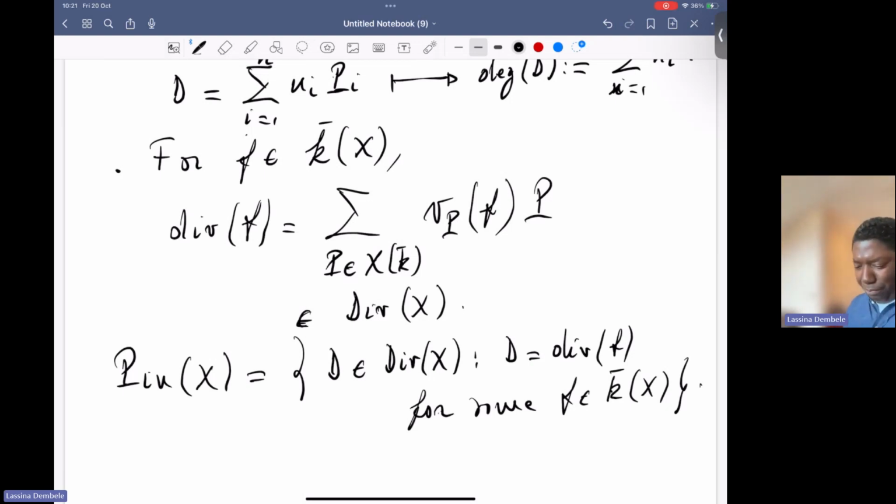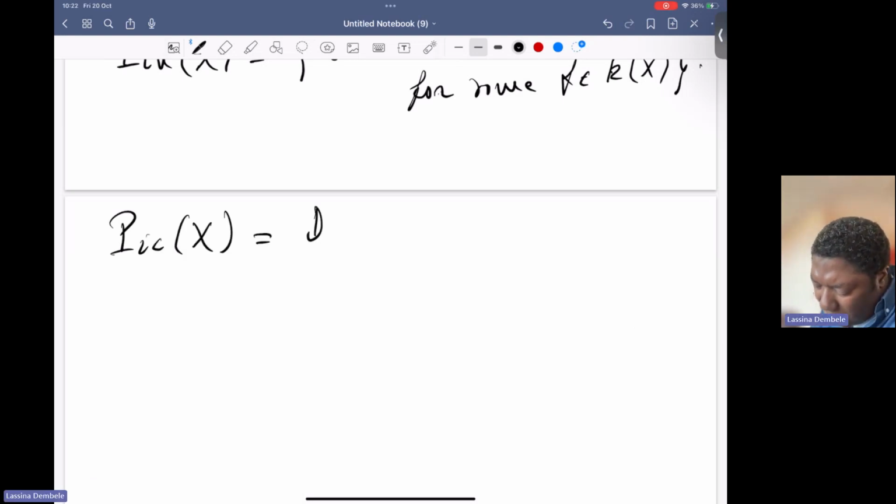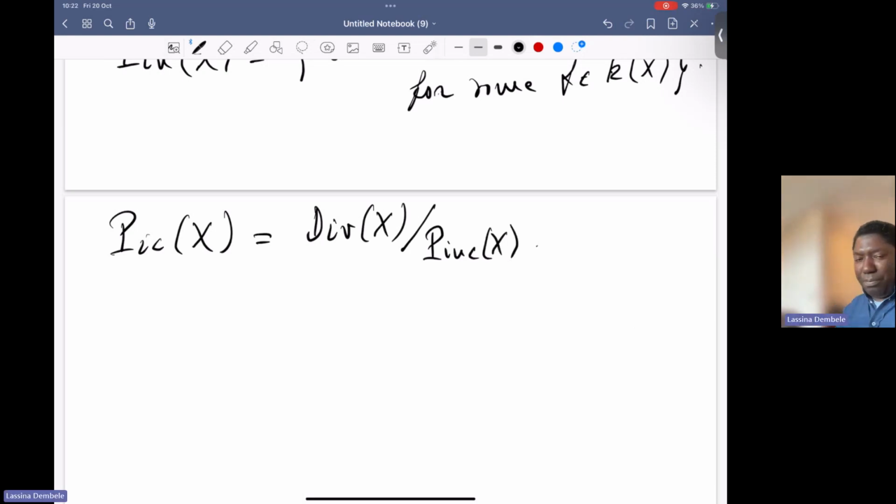And so then what we do, we let Pic(X) be the set of divisors of X modulo those divisors that are principal. Okay.